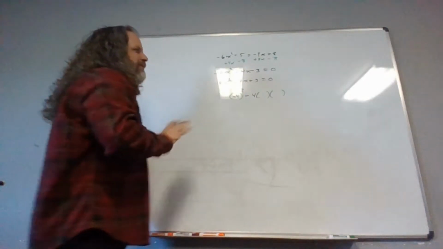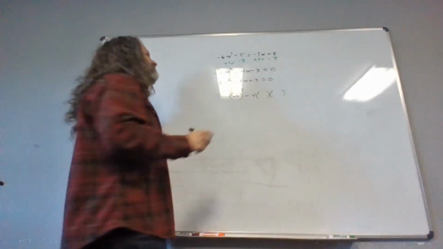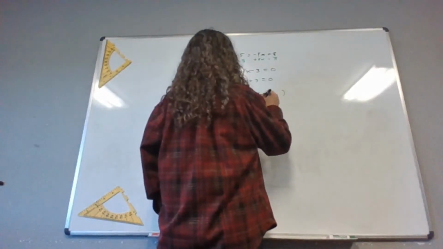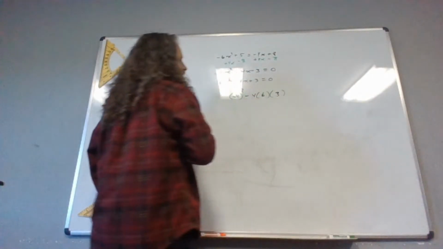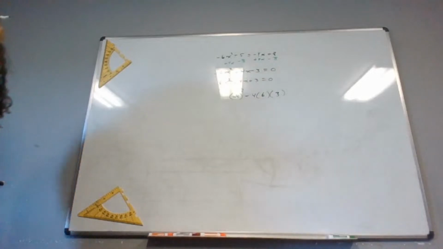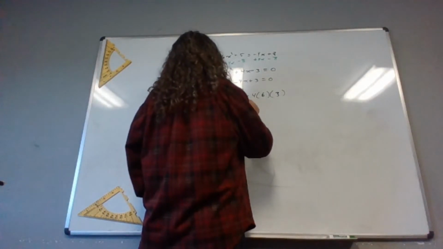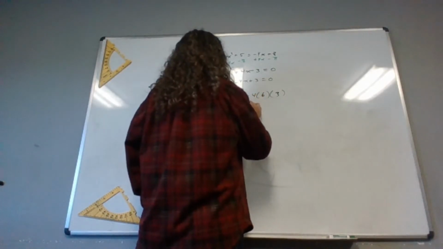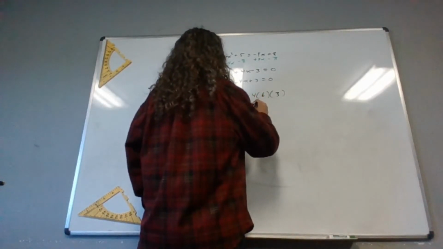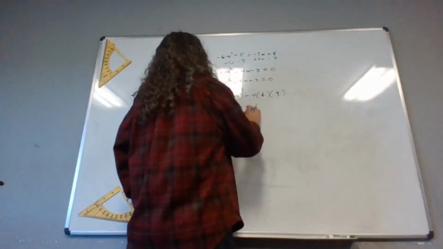-4, not 3, or 2. What's -4 squared? 16. I was about to write the wrong answer.